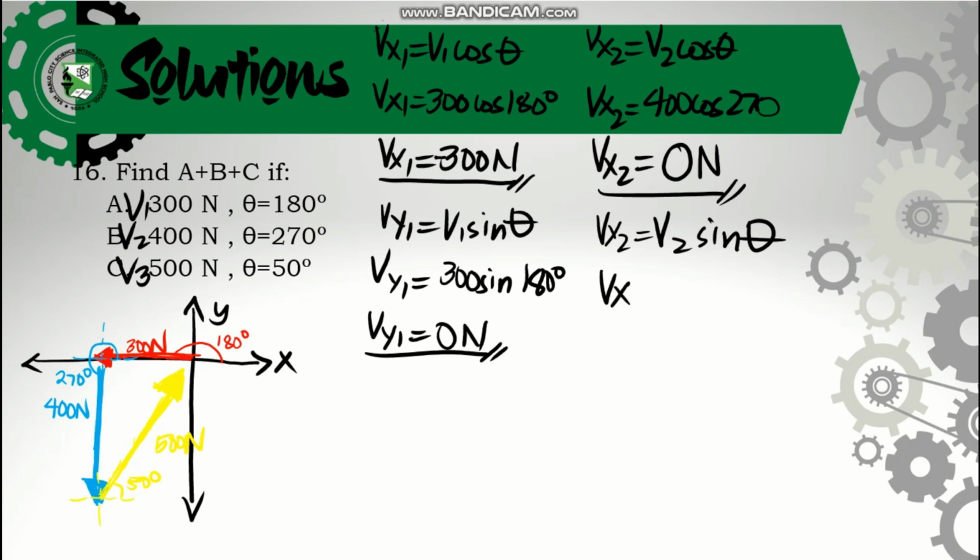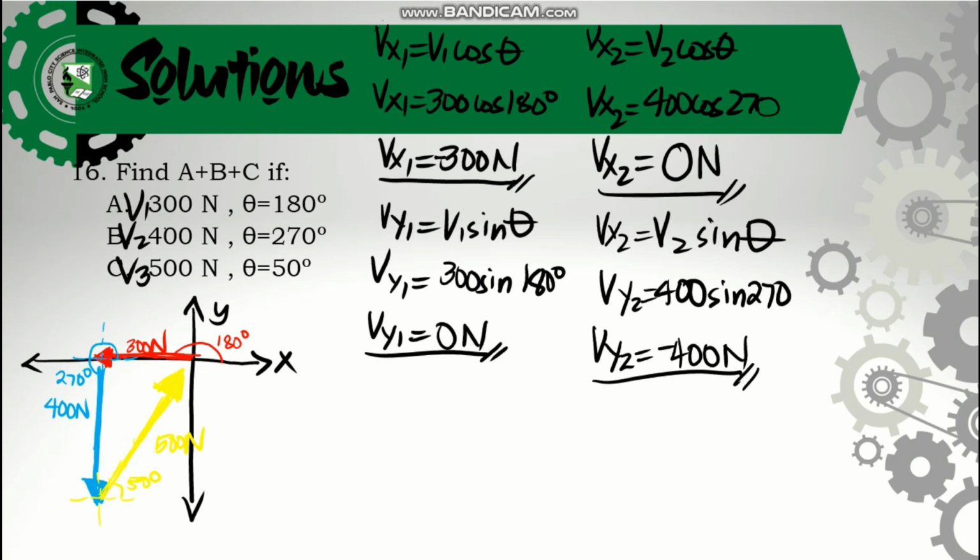So, mapapansin nyo, since dumaan siya kasi 270 siya, diba? Ito naman ay 0, 90, 180, 270. Lahat ng dadaan doon na makikita nyo yung angle, magsi-0 talaga siya. Kung sa 90 at 270 yan, ang 0 ang x. Kapag nasa 0 or 180 naman siya, ang magsi-0 ay yung y.